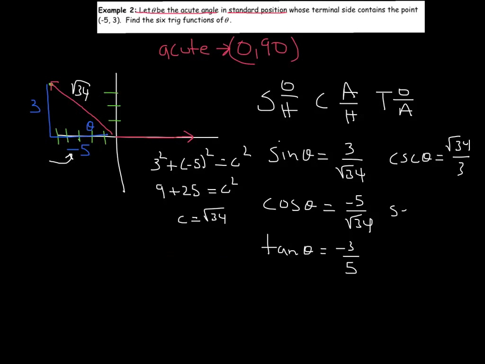And secant of theta is going to be root 34 over -5, but I'm just going to put the negative on top. And then cotangent of theta is going to be -5/3. All right, and those are the 6 trig functions of angle theta.